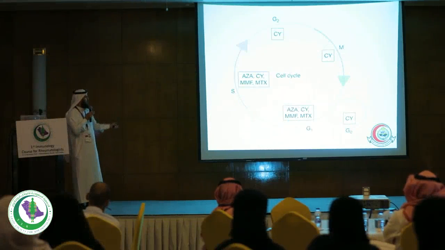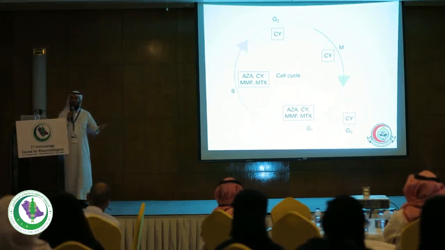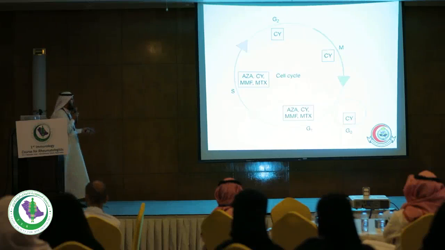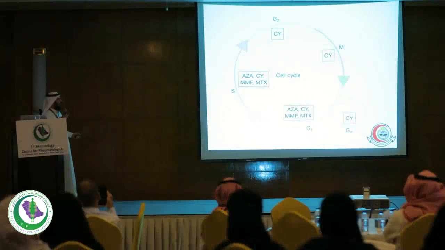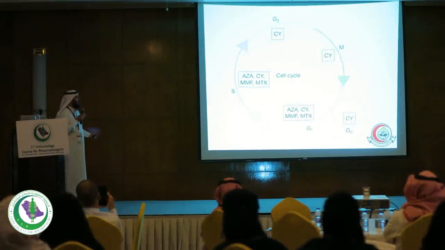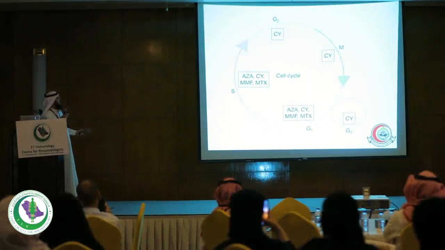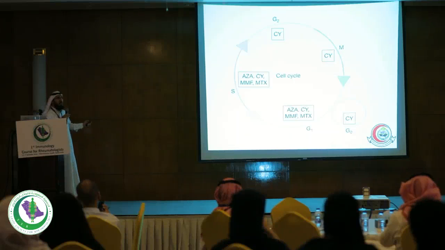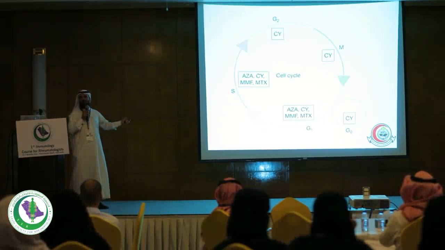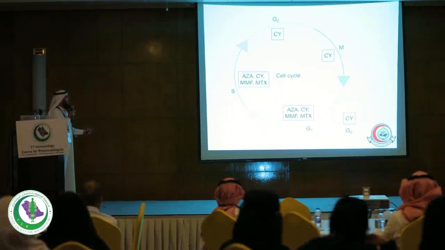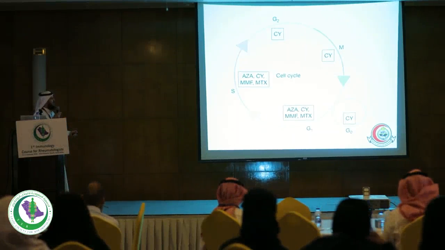So we talk about which of the DNA synthesis inhibitors. MMF and CellCept work on the G1 phase. Cyclophosphamide is more important because it works on multiple steps of DNA synthesis, more than MMF and Imuran.